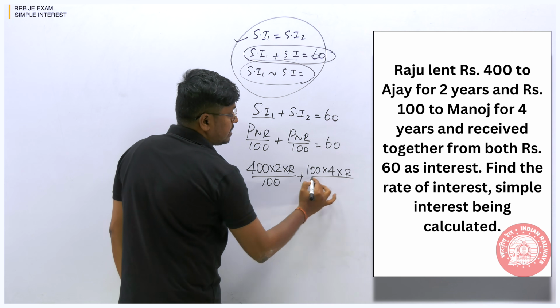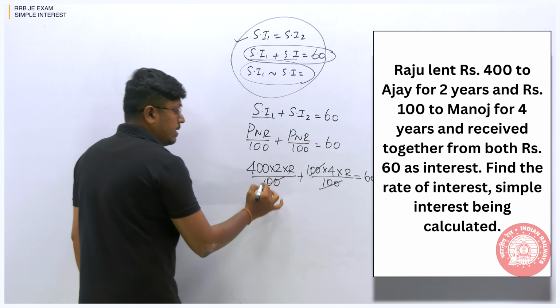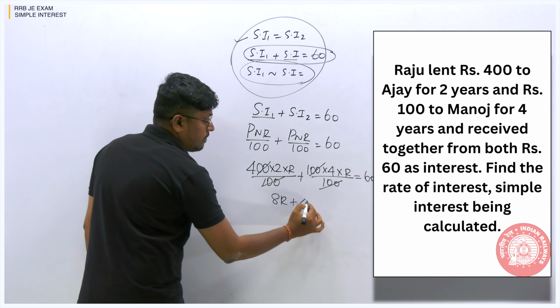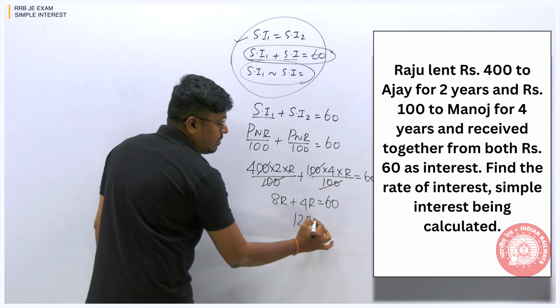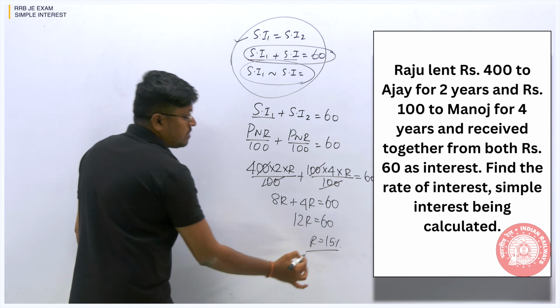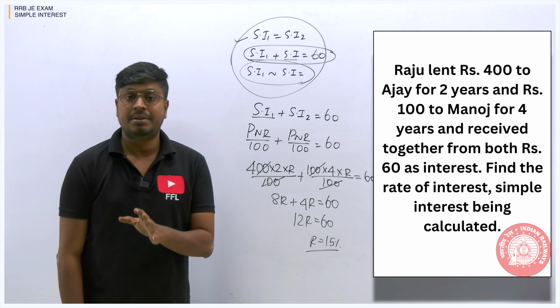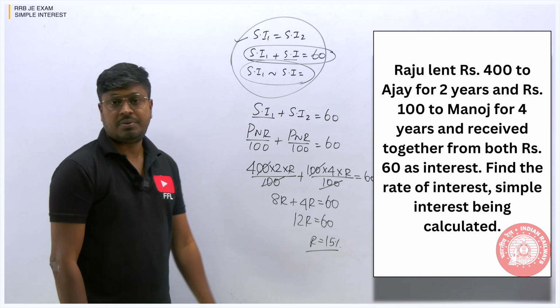We need to find the rate of interest, and the sum equals 60. So we can cancel it. 4 into 2 will be 8R, plus 4R equals 60. So 12R equals 60. So R equals 15 percent. So finally we can say the answer for this question is 15 percent, right? That is what we needed to find in this question.